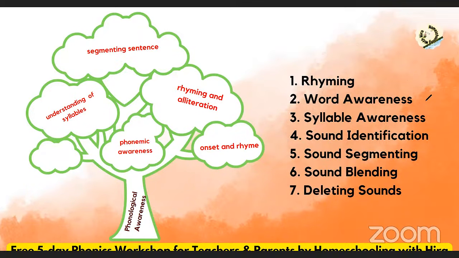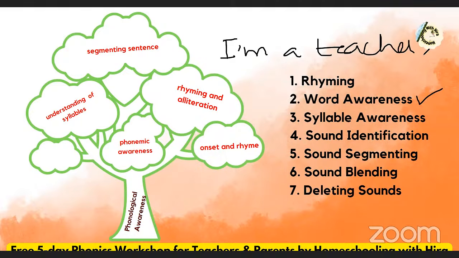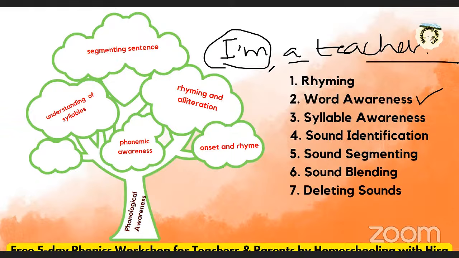Now, word awareness. What does it mean? If I'm saying, I'm a teacher, the child should not say this has 3 words. He should know that I is a word, am is another word. I am a teacher. This sentence has 4 words, right? And it also happens with native kids because they say it so quickly.